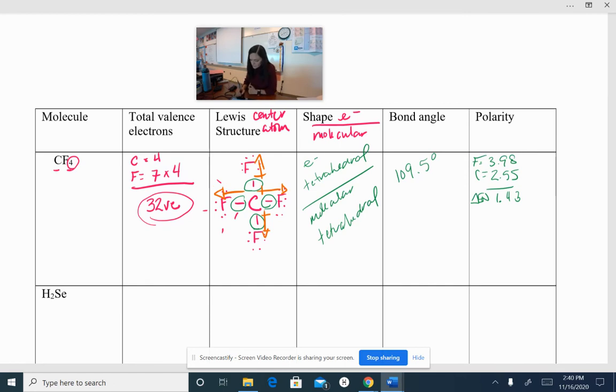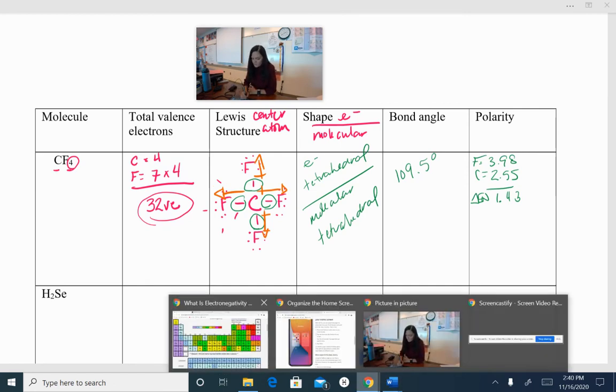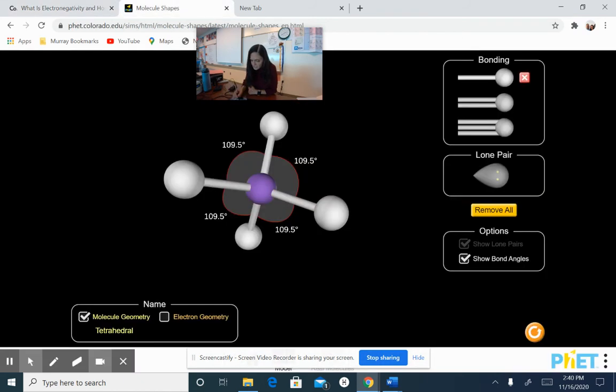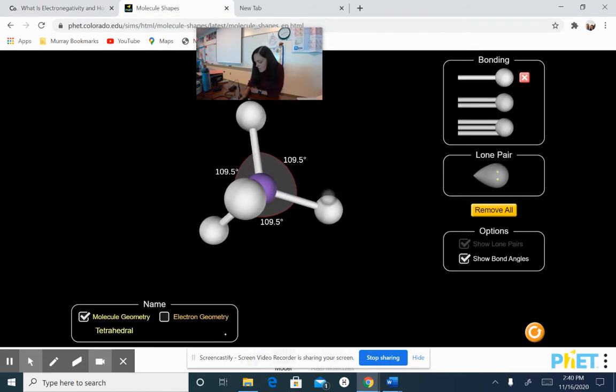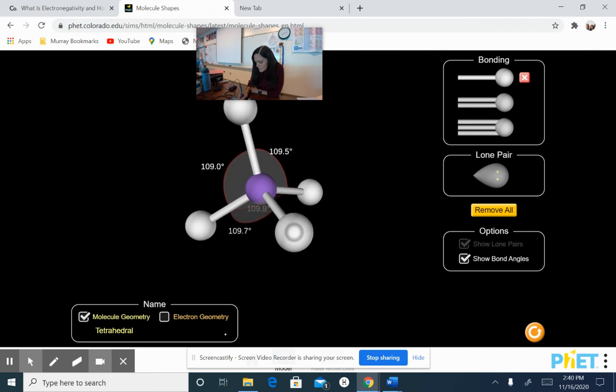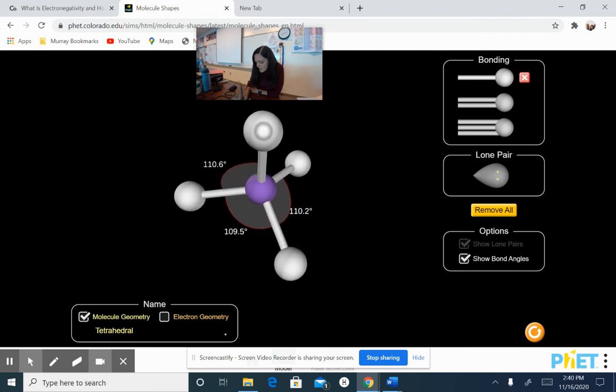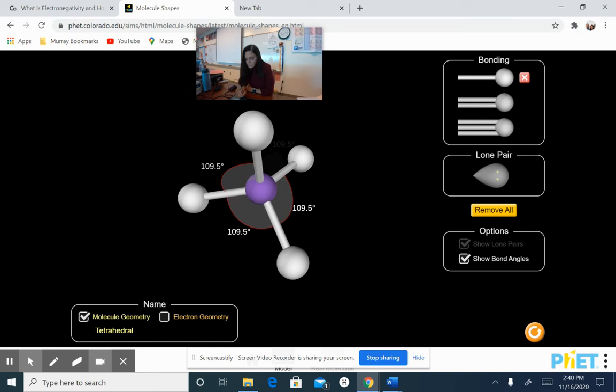Now let's look at this three-dimensional shape that we have of the carbon tetrafluoride on this PhET. Now if I put these dipoles on each of these bonds, they are exactly the same dipole. They're the same strength. They're all equidistant from each other. The bond angles are all equal. So if I have everything equidistant and equal strength, when I add them up, what does that mean for those dipoles? Do I still have a dipole when I add them all up together?